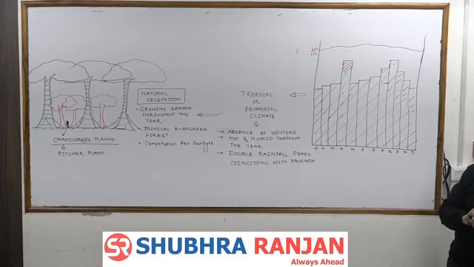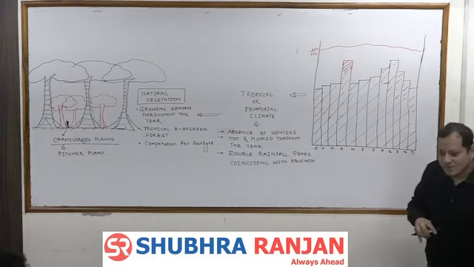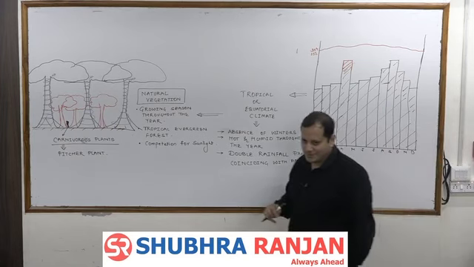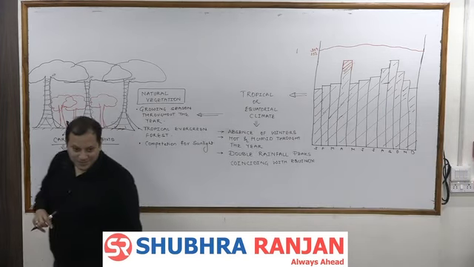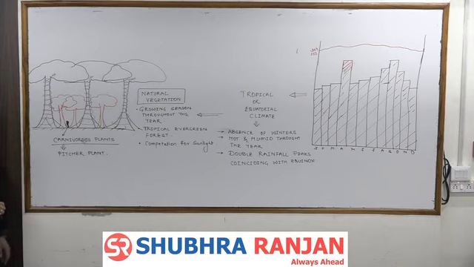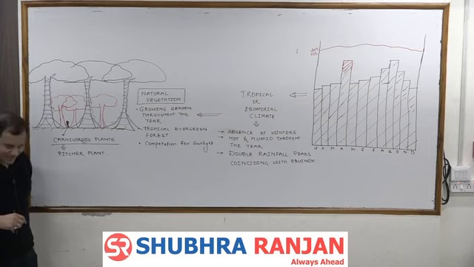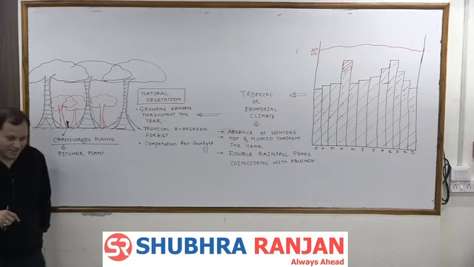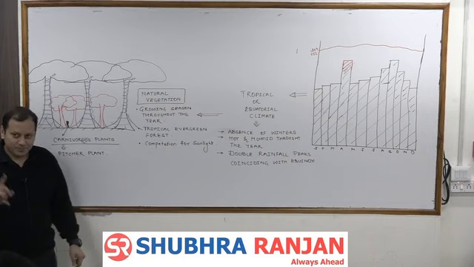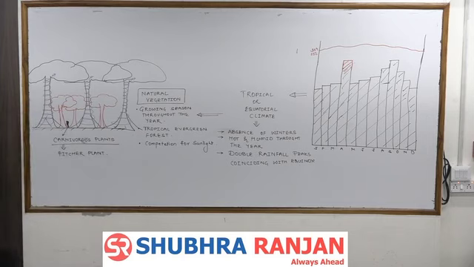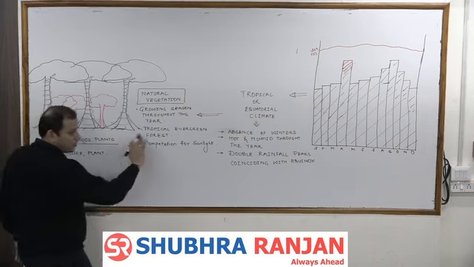Because of laterite the roots... Because of laterite the soil is not fertile. What happens to the nutrients? Yes, they will be leached. Now understand. Can I rub this part?